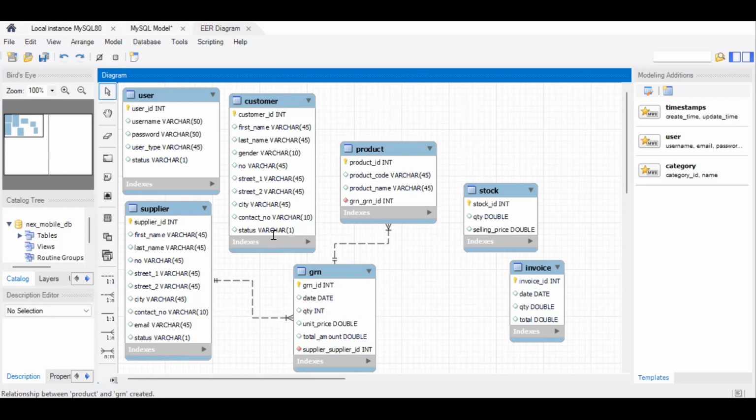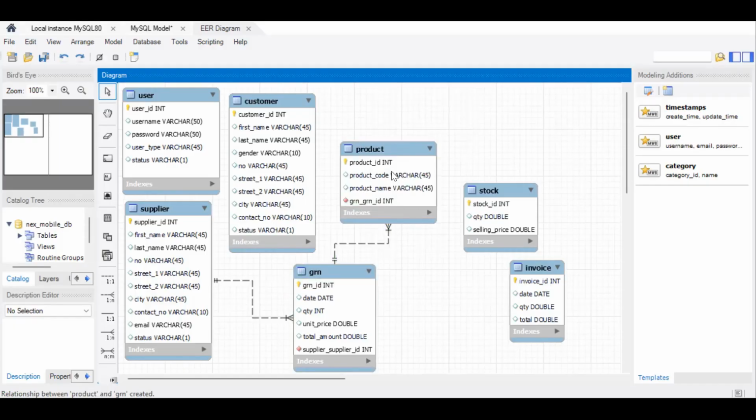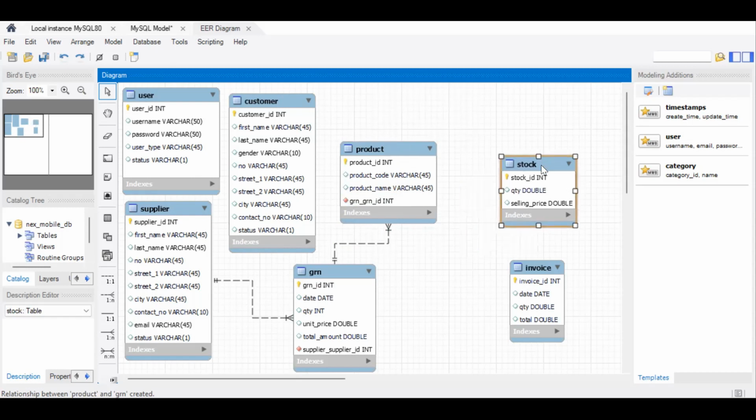On the third question, it asks about the relationship between the product table and the stock table. Here one stock can have several products. So in this situation also, we can use a one-to-many relationship. The product table gets the many side and the stock table gets the one side.